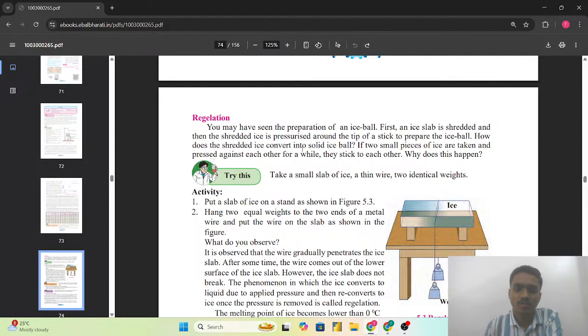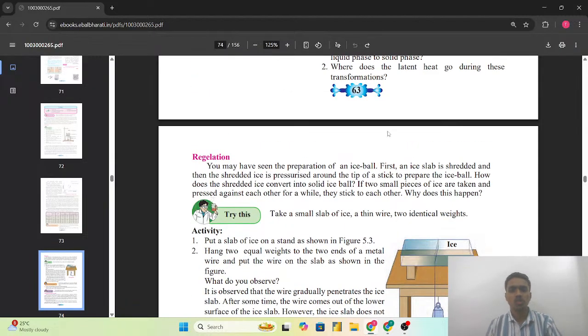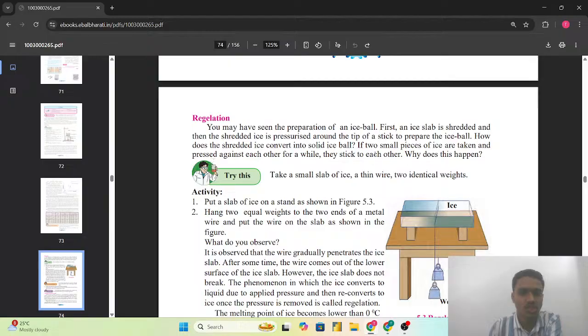How does the shredded ice convert into a solid ice ball? If two small pieces of ice are taken and pressed against each other for a while, they stick to each other. Why does this happen? The concept which works behind this is regelation.